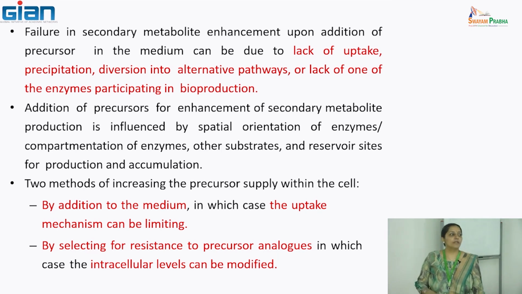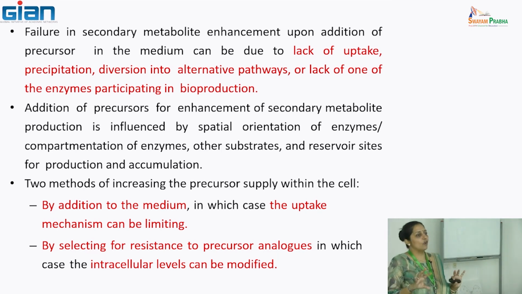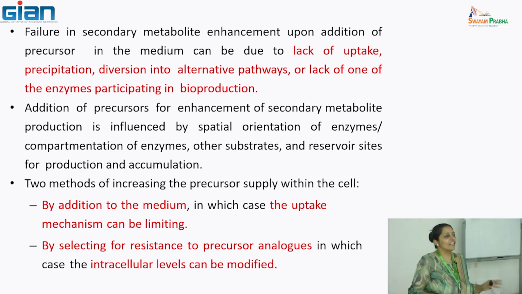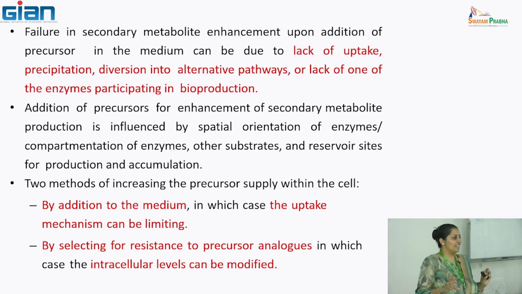Right now, we are assuming that the enzymes are all in place and they are not running at their Vmax. So the amount of enzyme which is required is already at its maximum. Then no matter how much you keep pushing, you won't be able to see the result. So there are multiple factors which should be kept in mind for this strategy to be successful.